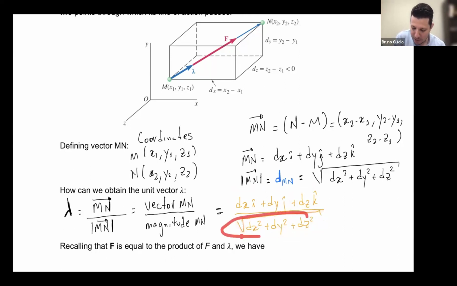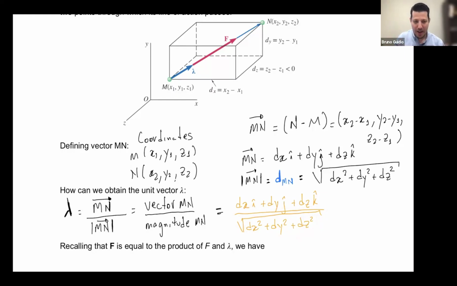Then I divide by the result of this on the bottom. At the end, I'm going to have something i hat, another thing j hat, another thing k hat.